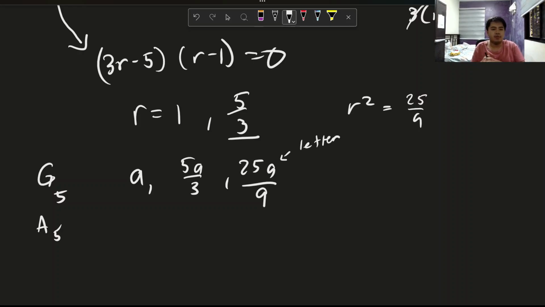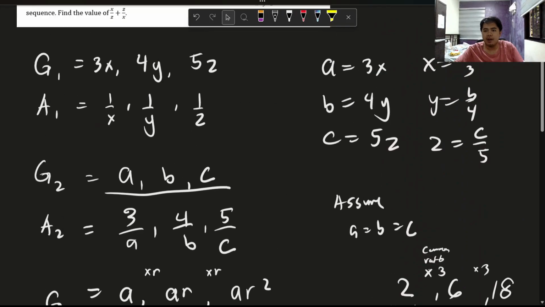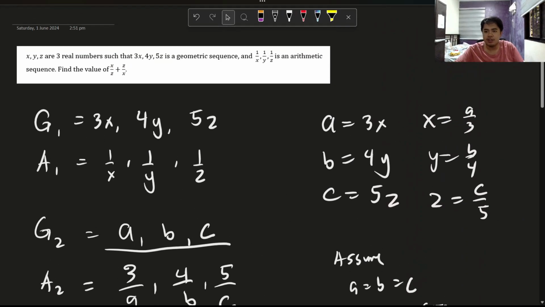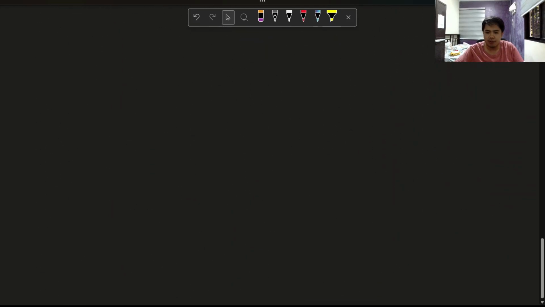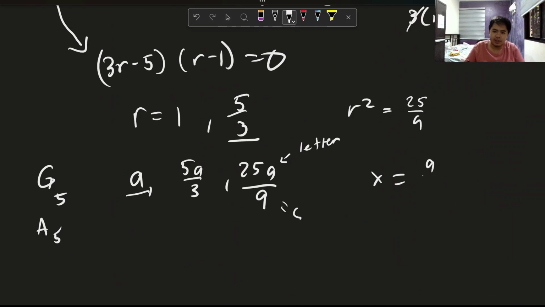So what happens? We know that this is A and this is equal to C. What is X in terms of A? Let's go back earlier. X is equal to A over 3 and Z is equal to C over 5. So X equals A over 3 and then Z is equal to C over 5. Now C became this.